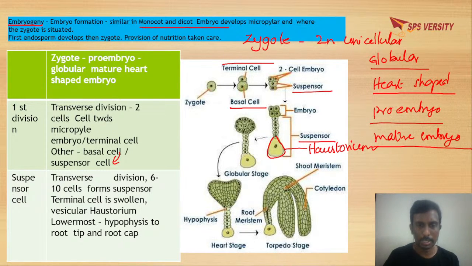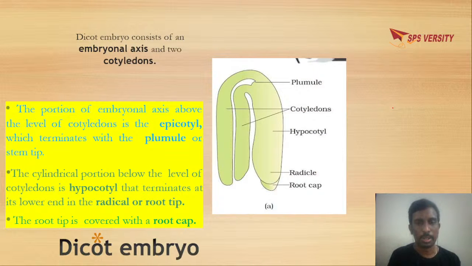So what you are seeing, when we come to this immature embryo, it looks like this in dicots. So this is a dicot embryo, where you are observing the different parts present inside it.